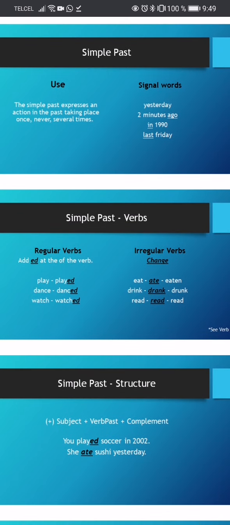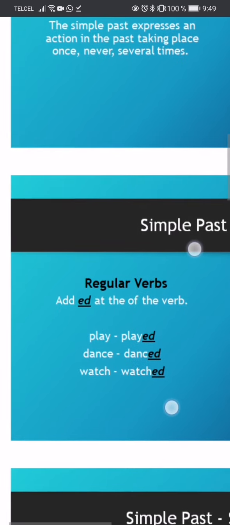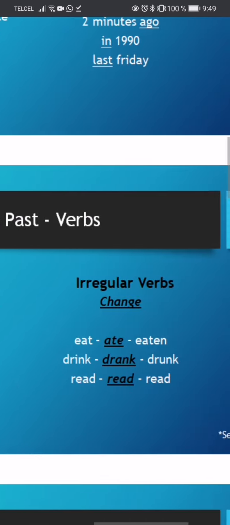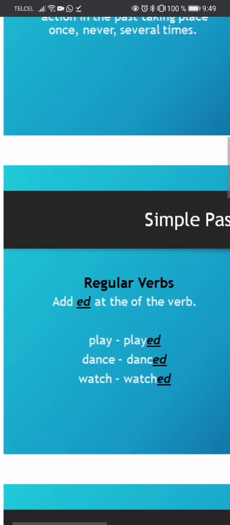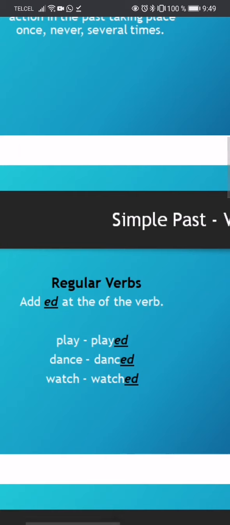Next, something very important in the simple past are the verbs. And we have two types of verbs, regular verbs and irregular. The regular verbs, they are very easy because you have to complete with ed at the end of the verb. So you have play, played, dance, danced, watch, watched.